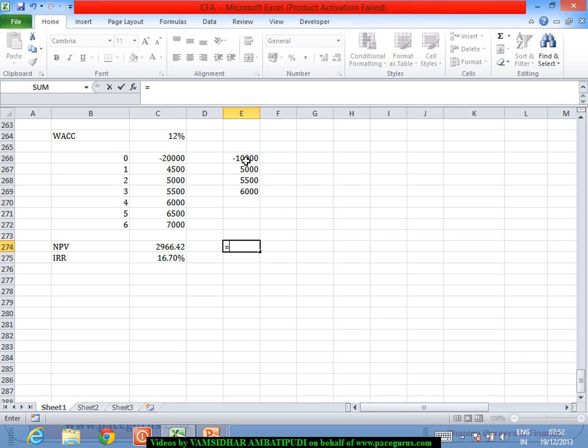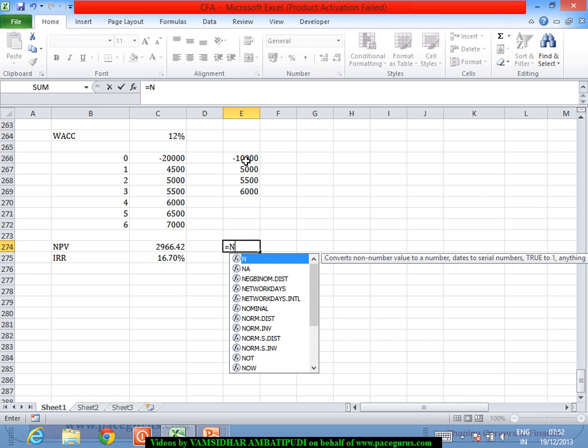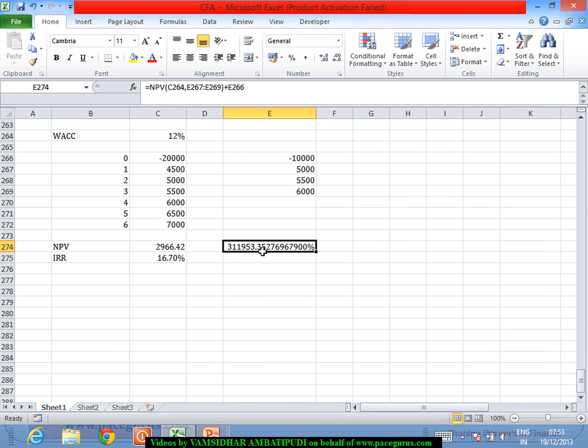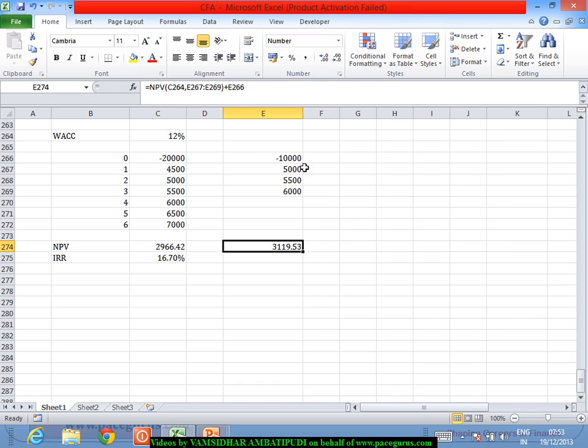So based on this, if I want to compute the NPV, it is working out to around 3,119, slightly more than the earlier approach.